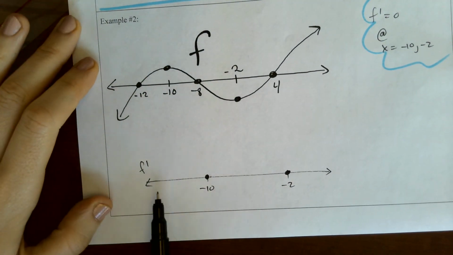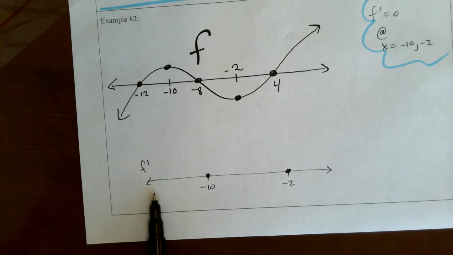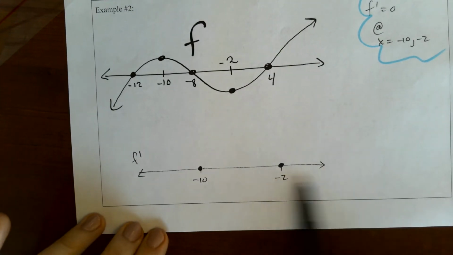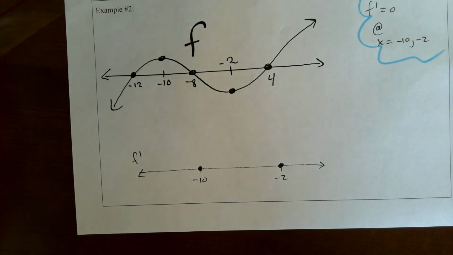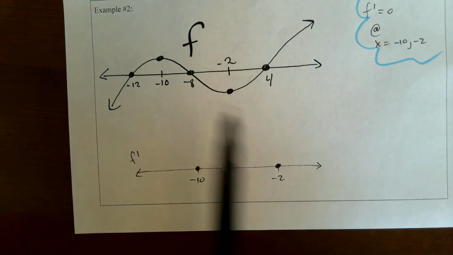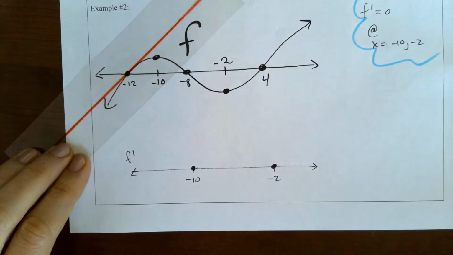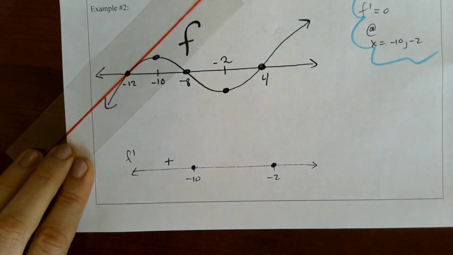So to the left of negative 10 is f prime positive or negative. Between negative 10 and negative 2, is it positive or negative? Beyond negative 2, is f prime positive or negative? All right, so left of negative 10, on this stretch of f, we've got a positive slope.